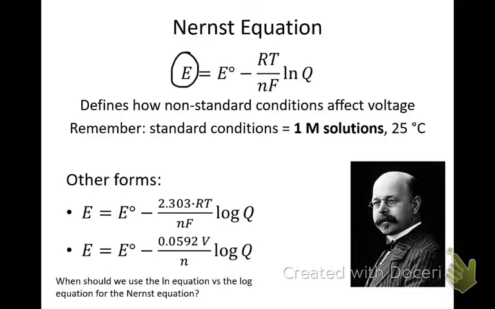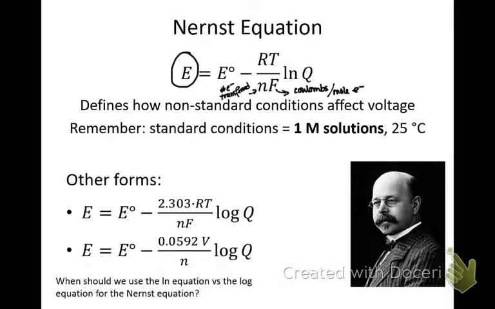F is Faraday's constant, and this is the relationship between coulombs, or charge, and moles of electrons, in coulombs per mole of electron. And n is the number of electrons that are transferred in the reaction. So we have to think about how many electrons get canceled out when we balance the reaction.